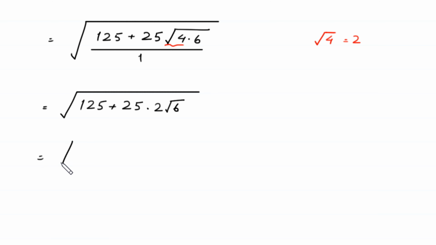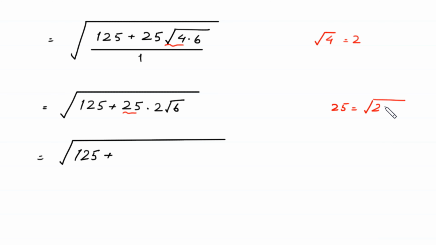Next, square root of 125 plus, we can write this 25 as square root of 25 times 25.